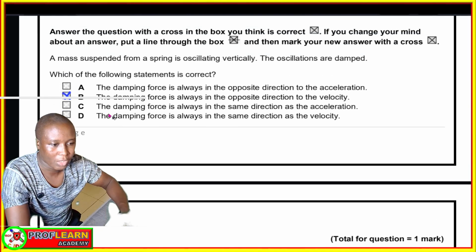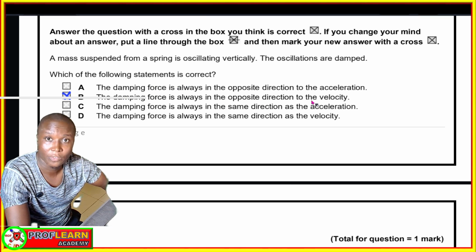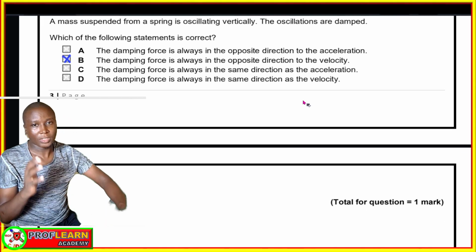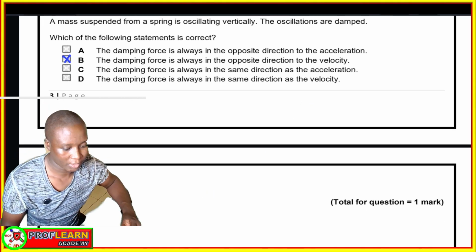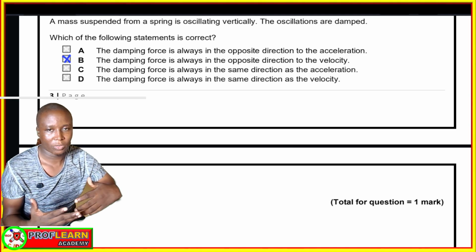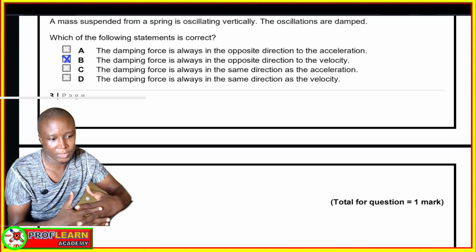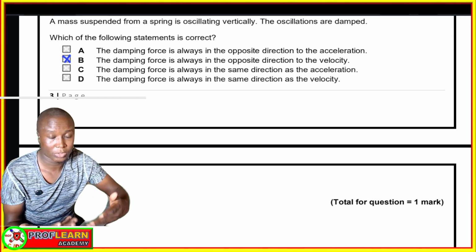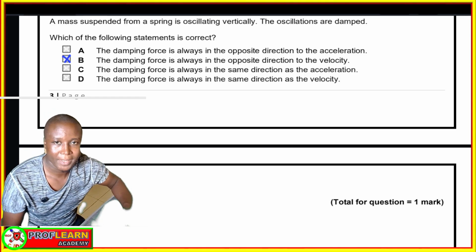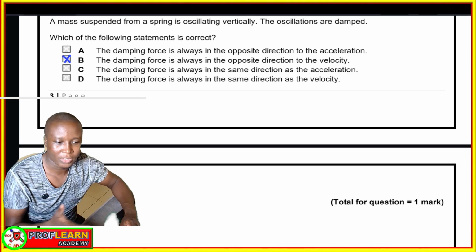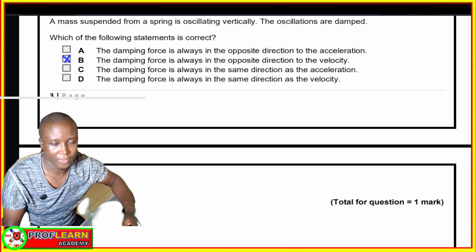So question number 6 was a question from simple harmonic motion and damping. Which of the following statements is correct? Damping force is always in the opposite direction to velocity, so that the force can reduce the velocity of the object, because we know as a material continues oscillating with damping, the velocity keeps on decreasing.